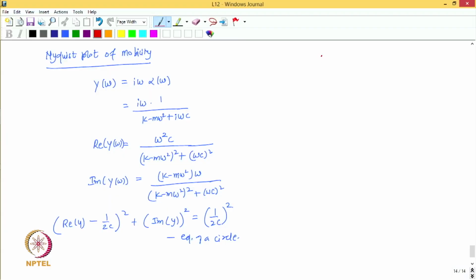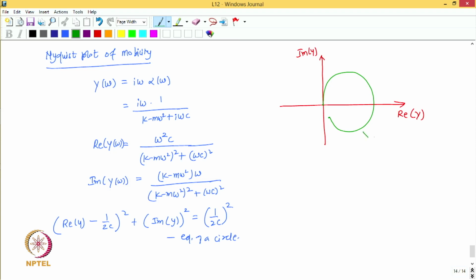So, let us trace the Nyquist plot. This is the real part of the mobility and this is the imaginary part of the mobility, and this plot would look something like this. Right. So, this is the starting frequency, 0 hertz, and then going up to some high frequency range.